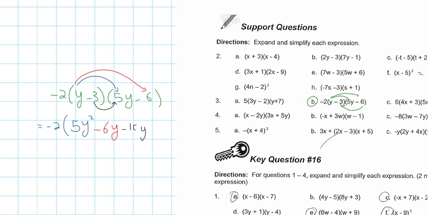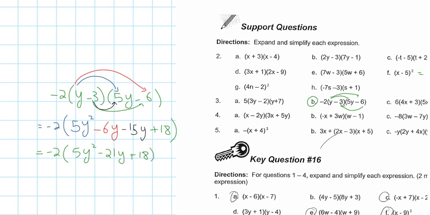And then the negative 3 times the negative 6. Okay? Then I'm going to collect like terms. So that's going to be negative 2 still here outside. It's going to be 5y squared minus 21y plus 18. Yeah?